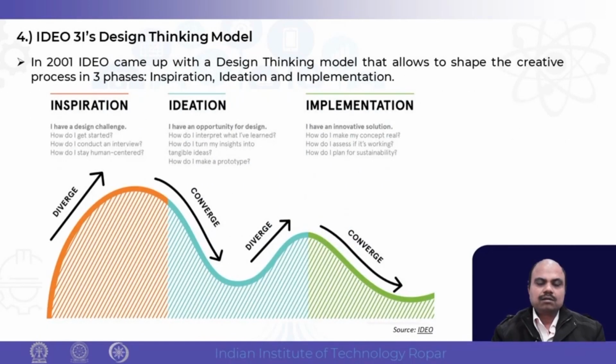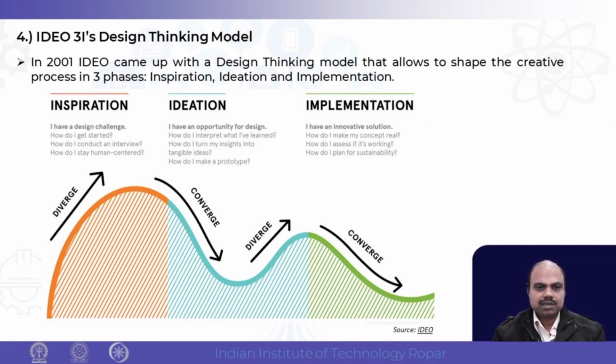So now we are going to learn about the 4th method. It is IDEO's 3 I's design thinking model. In 2001, IDEO came up with the design thinking model that allows shaping the creative process in 3 phases: inspiration, ideation, and implementation.